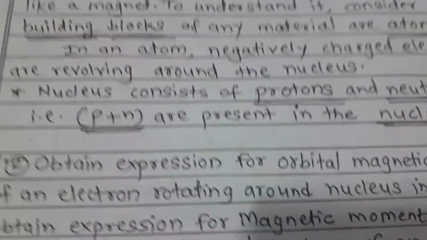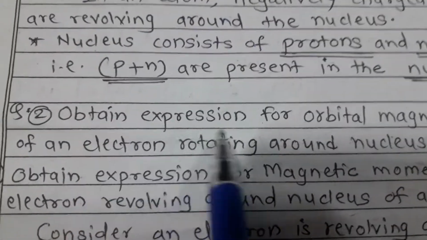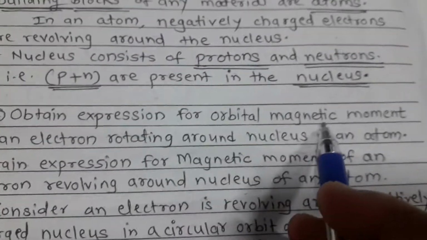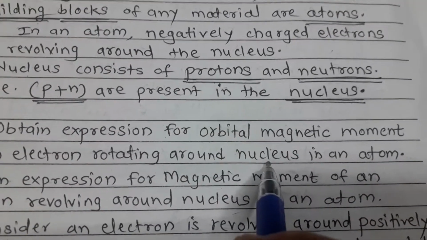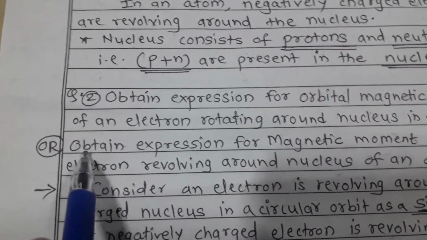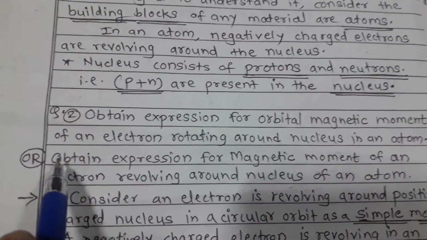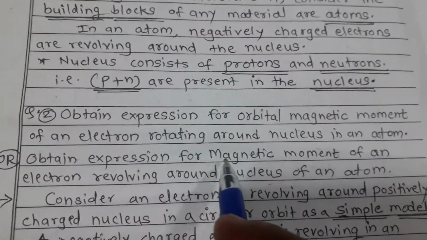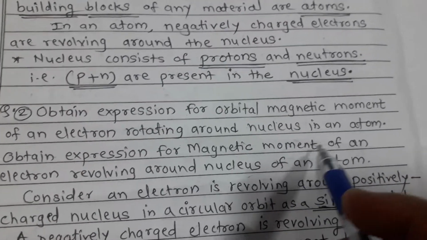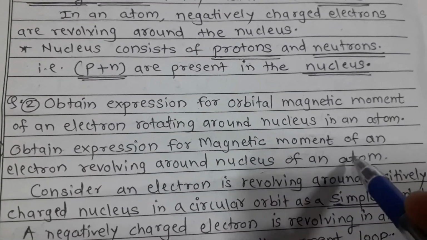Now, students, see here question number 2. Obtain an expression for orbital magnetic moment of an electron rotating around the nucleus in an atom. Or, see here, you have another question, where only the wording is changed but the meaning is the same. Or obtain expression for magnetic moment of an electron revolving around the nucleus of an atom.